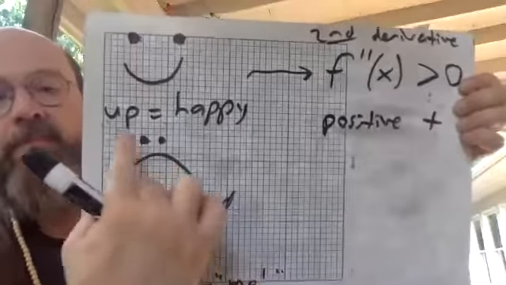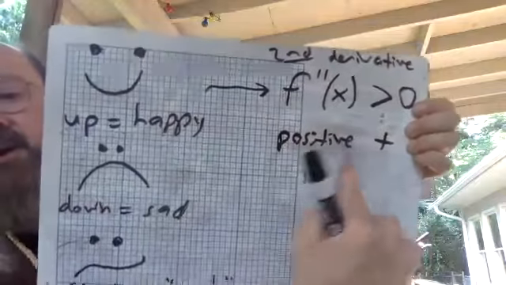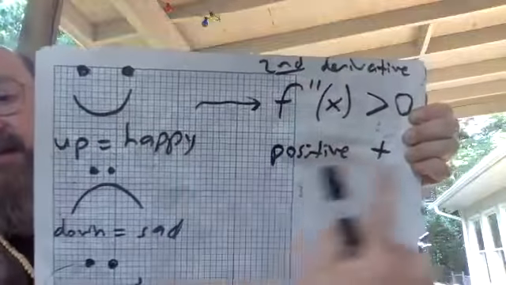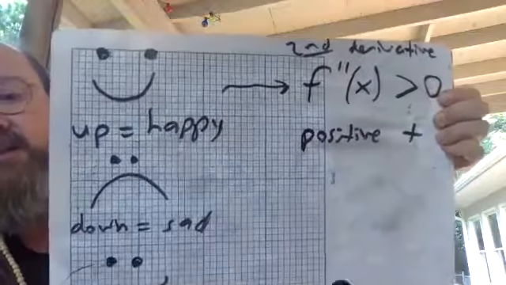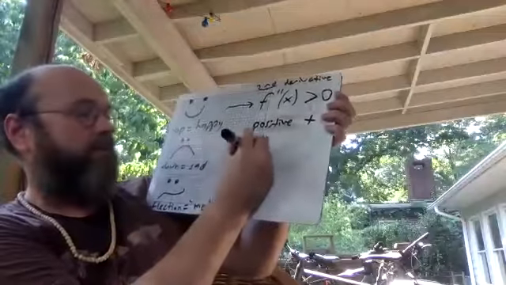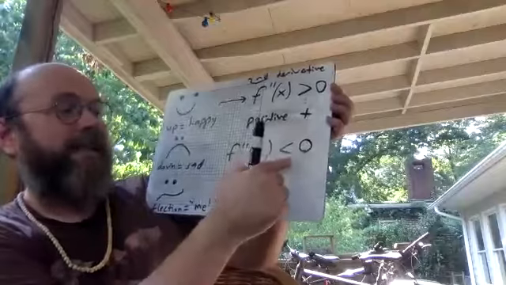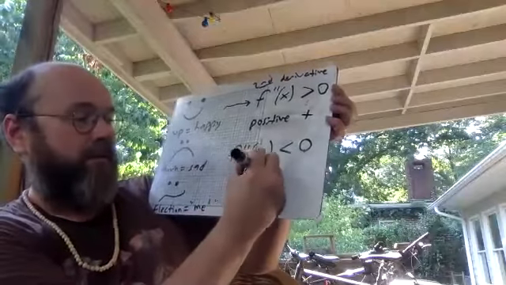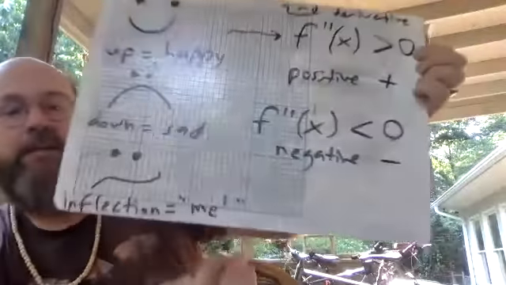Concave up, up, happy, positive, plus. All of these things in language have similar connotations. And that all has to do with the second derivative. Similarly, if the second derivative of the function is less than 0, that is, it has a negative sign in front of it, well, that's concave down.